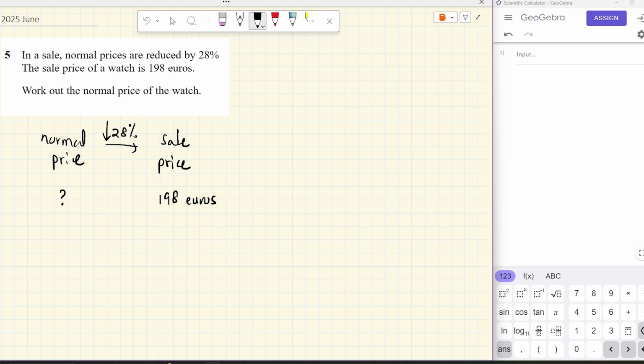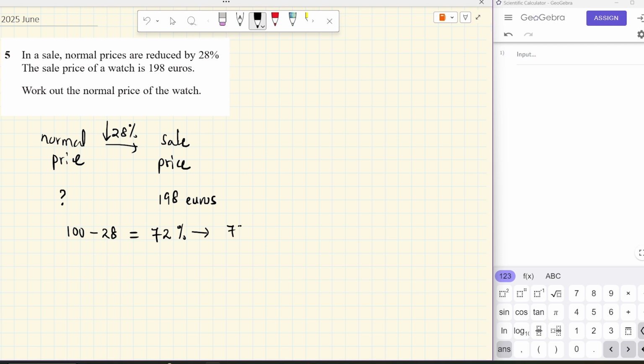First of all, we have to take this percentage, and we need to find the new percentage by subtracting. That is 100 minus 28, that is 72%. How do you write 72% as a fraction?